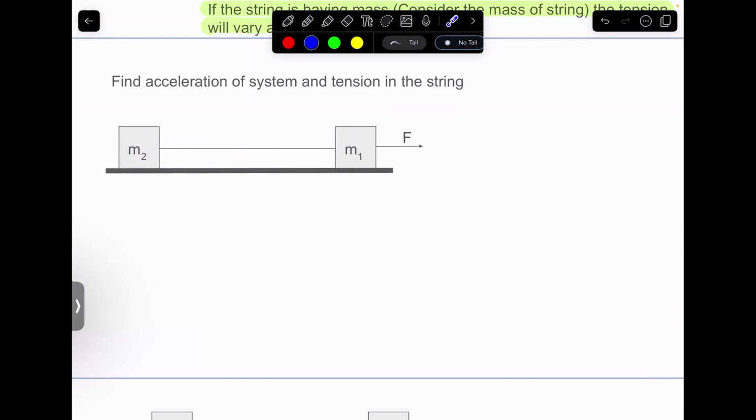Now, how to understand if it is a massless string or a string with mass? Because there is no mass given in the question, you can assume it as a string without mass. Now, we want to find the acceleration of the system and the tension in the string. So how to find the acceleration of the system?